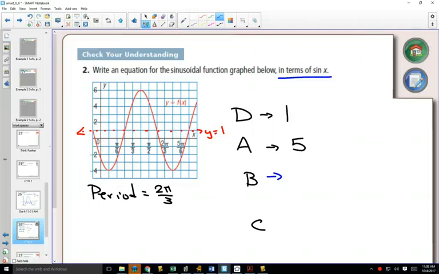A couple of ways you might have seen that it was 2 pi over 3. One, if we go from this minimum to this minimum, that distance is your period. If you count how far it is across, you go 1, 2, 3, 4, 5, 6, 7, 8. I now know that it's 8 sections over.